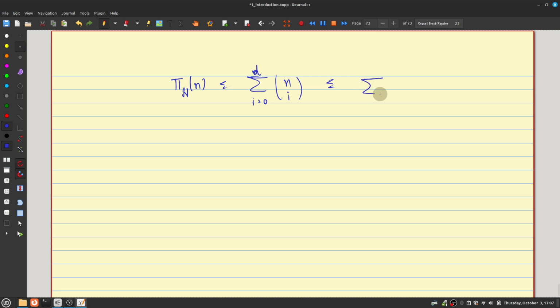Then this would be summation i equal to 0 to d of n choose d. But this is a simple upper bound for n choose d. This is upper bounded by n e by d whole raised to the d.